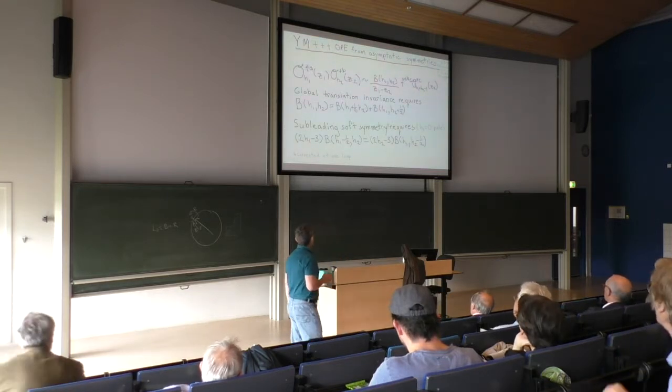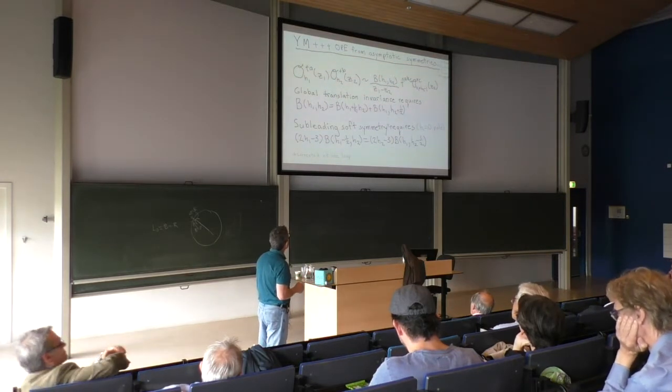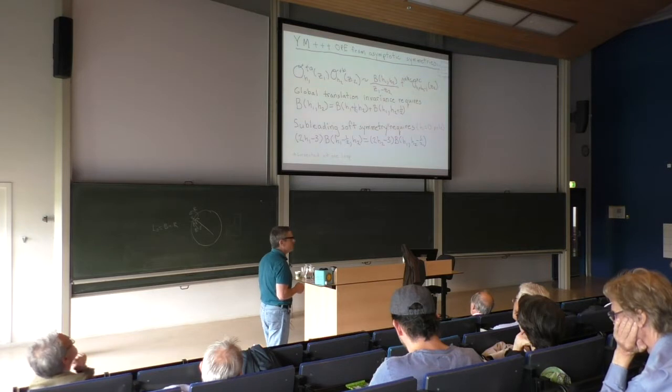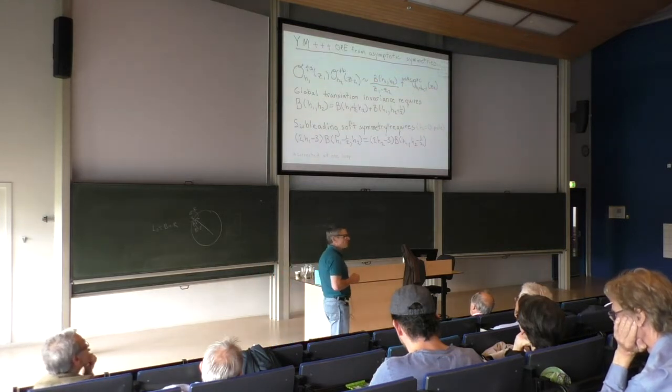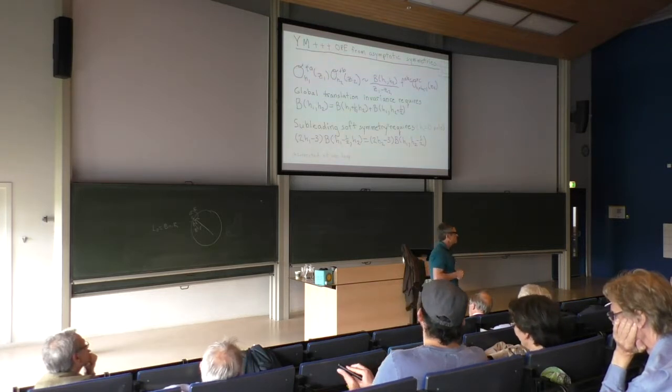Okay. So this B here, now you can compute this B using Feynman diagrams. So people have computed collinear singularities in Feynman diagrams. And you could compute the B by going to Feynman diagrams and then doing the Mellin transform.